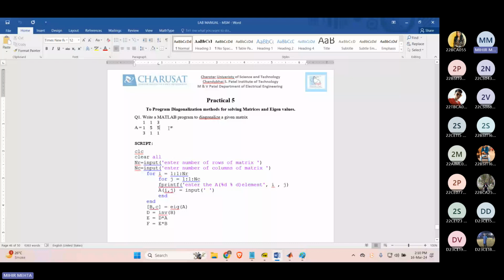Let's say this is a 3 cross 3 matrix, but I may want a 2 cross 2 matrix, or a 5 cross 5 matrix. In all those cases, I should be able to ask my user. So I want to design my program in a manner where the user has the right to decide the dimension of the matrix, and the value of each element as well.